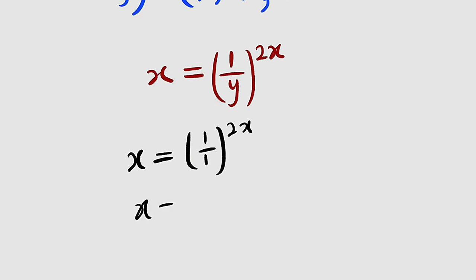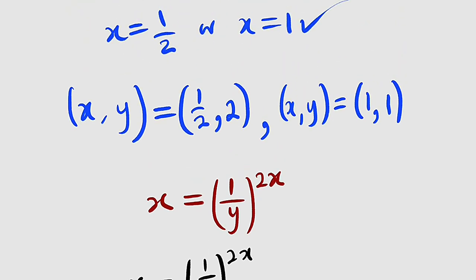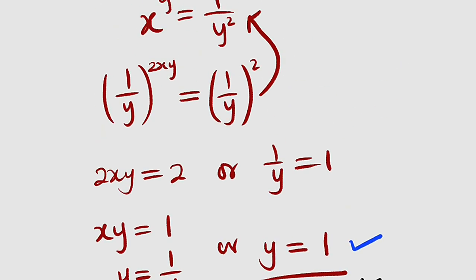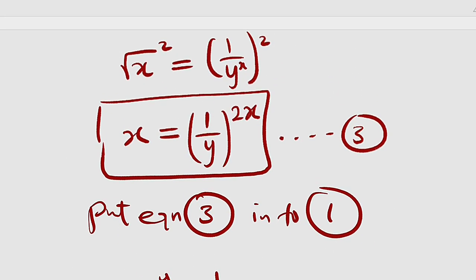So x equal to 1 here. Therefore, when x is 1, y is also equal to 1, but we already have that combination here. So we have only two combinations of solutions: when x is 1 over 2, y is 2, and when x is 1, y is also equal to 1. And you can test them in the main equations to see whether this is true or not.